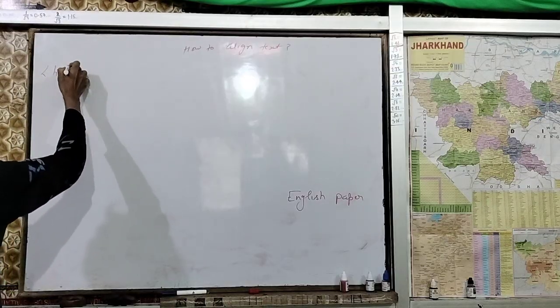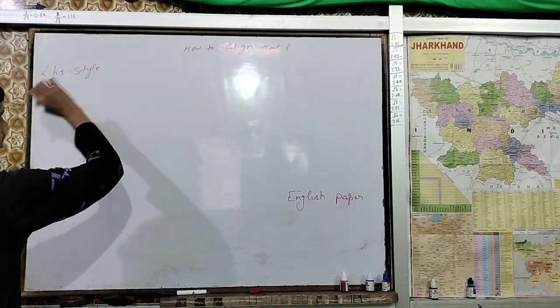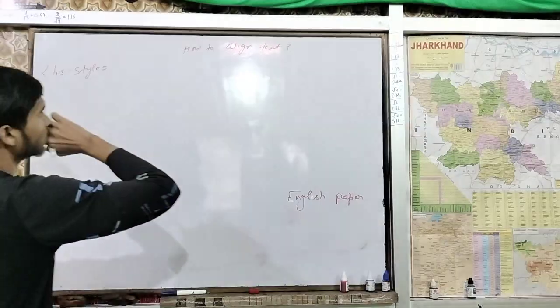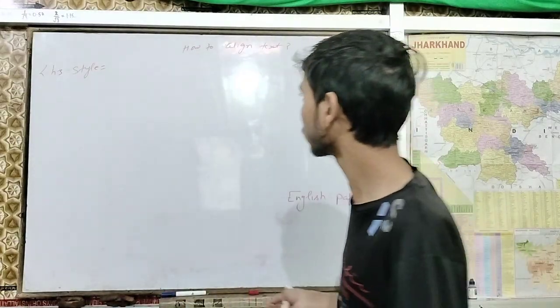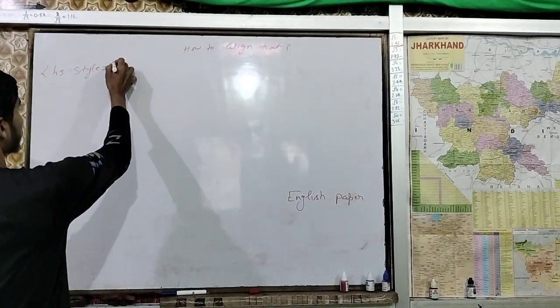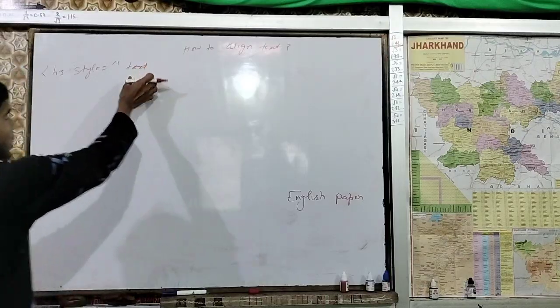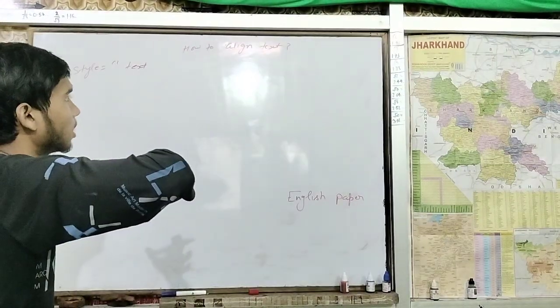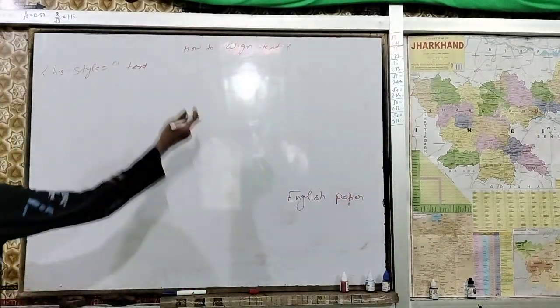Then H3 style. Then we are going to align text. For this, text-align is a property, and we will insert a value for this property.